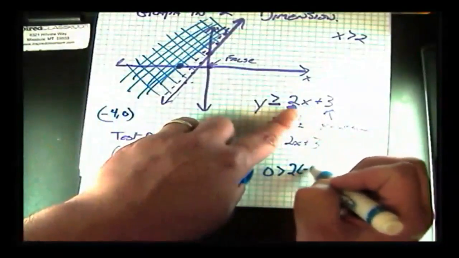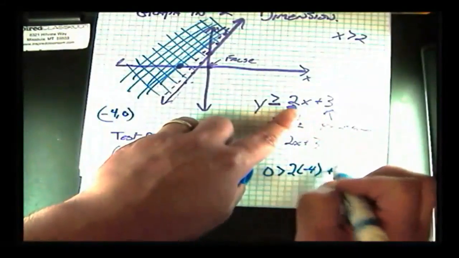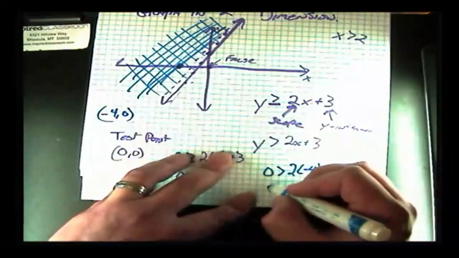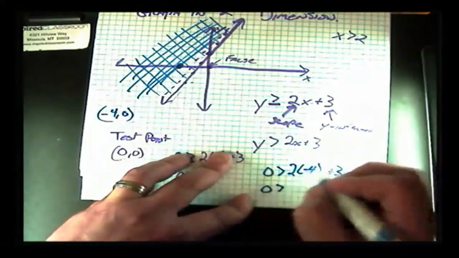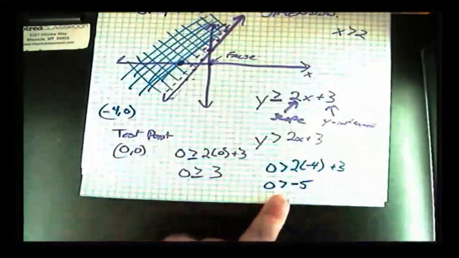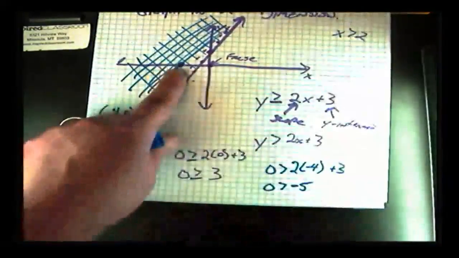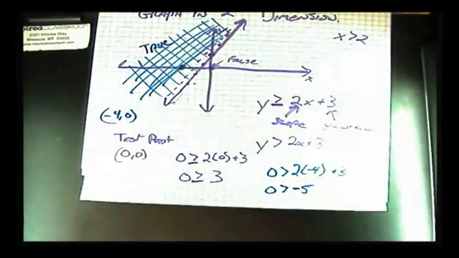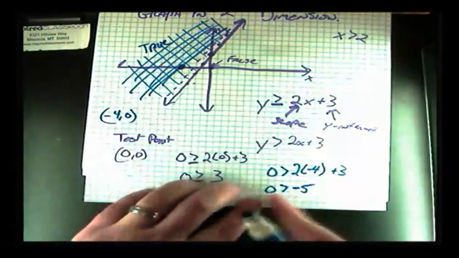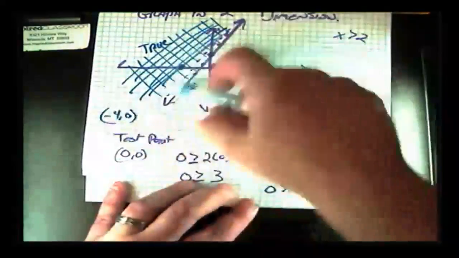So 2 times negative 4 for the x plus 3. 2 times negative 4 is negative 8, plus 3 is negative 5. So this simplifies to 0 is greater than negative 5. So this must be my true side of my inequality. So this is how I solve this problem, and 0 is greater than negative 5, so I know that this is the side that I need to shade.